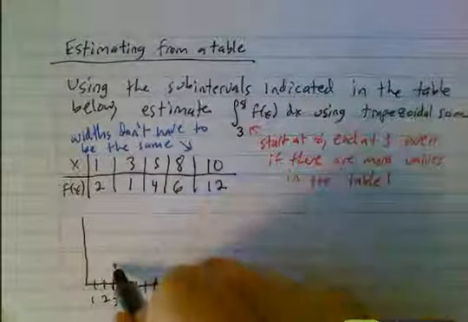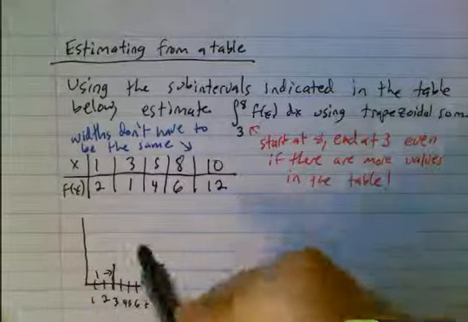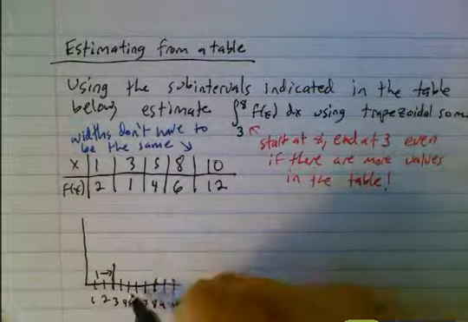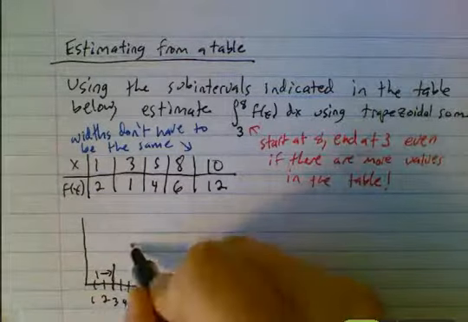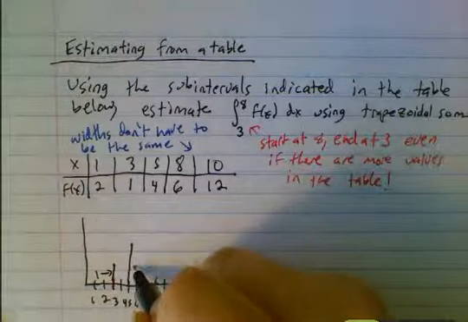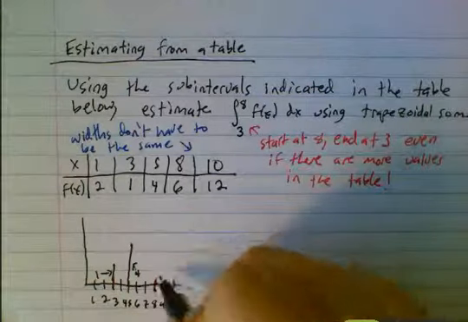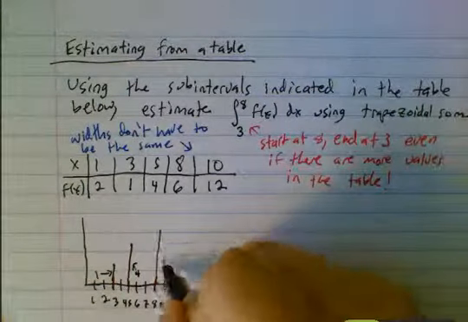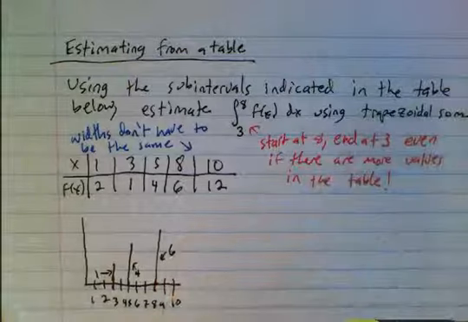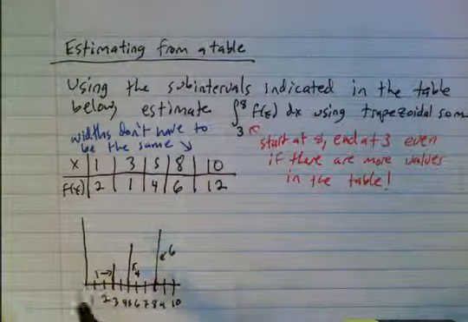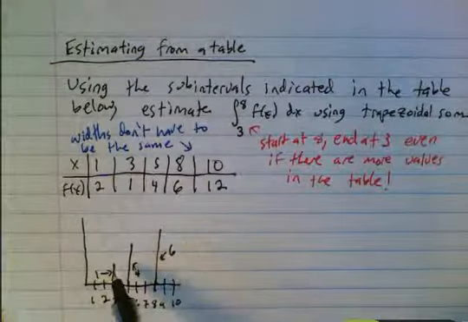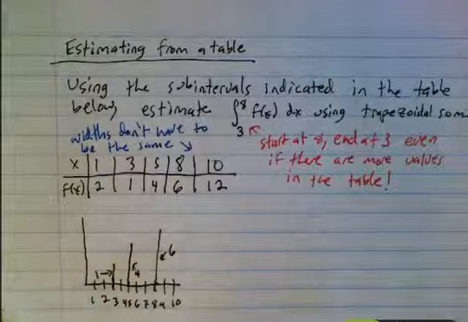At 3, the height is 1. At 5, the height is 4. And at 8, the height is 6. I don't really even need the y-axis over here. I just need to have a sense of how high they are relative to each other.